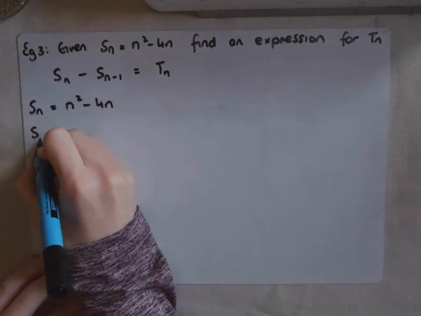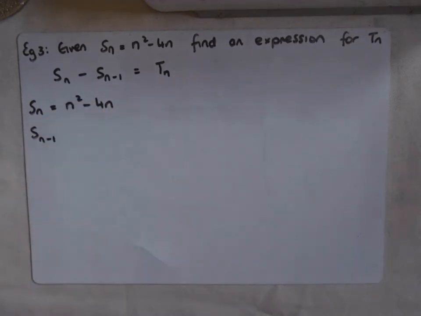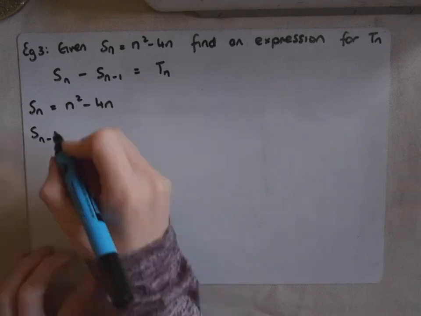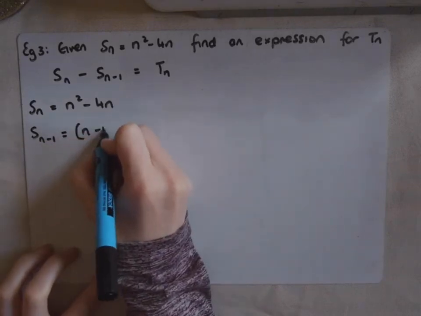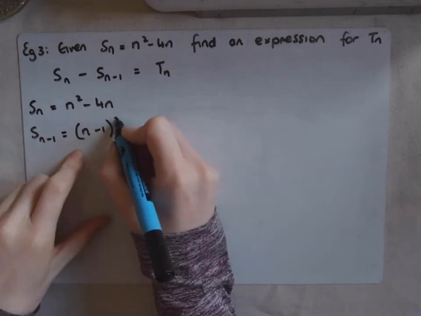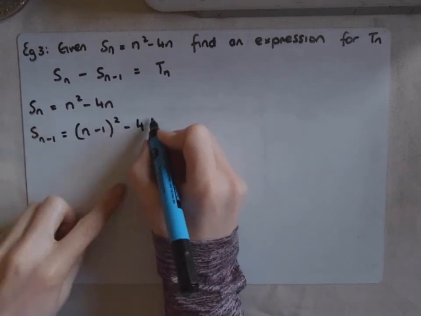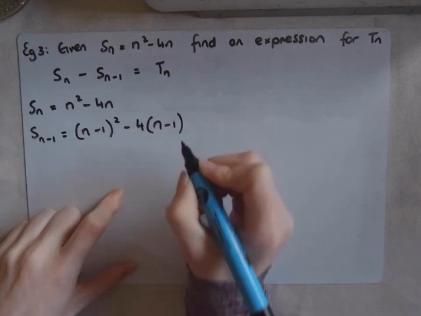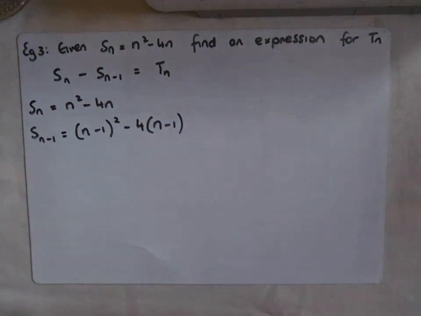Now S of n minus 1 just means instead of n, you're putting n minus 1. So instead of n squared, it's n minus 1 all squared. Instead of minus 4n, it's minus 4 times n minus 1. You're just replacing n with n minus 1. Now we're just going to tidy that up.